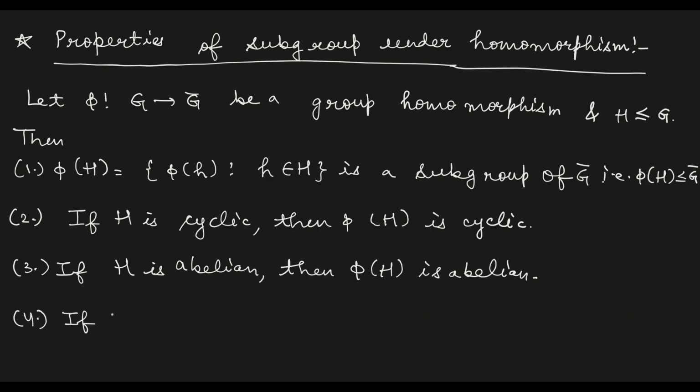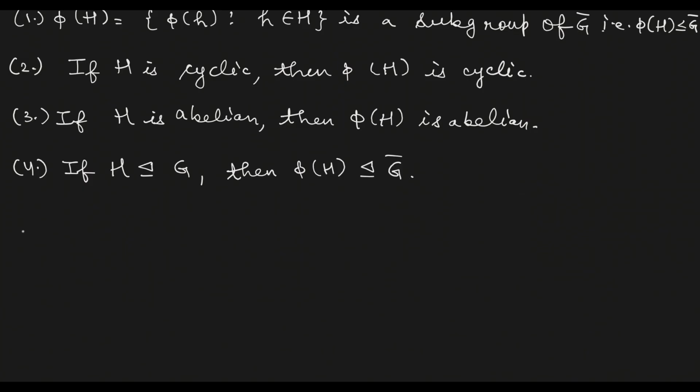Fourth, if H is a normal subgroup of G, then phi H is also a normal subgroup of G bar. If order of H is n, then order of phi H divides order of H.